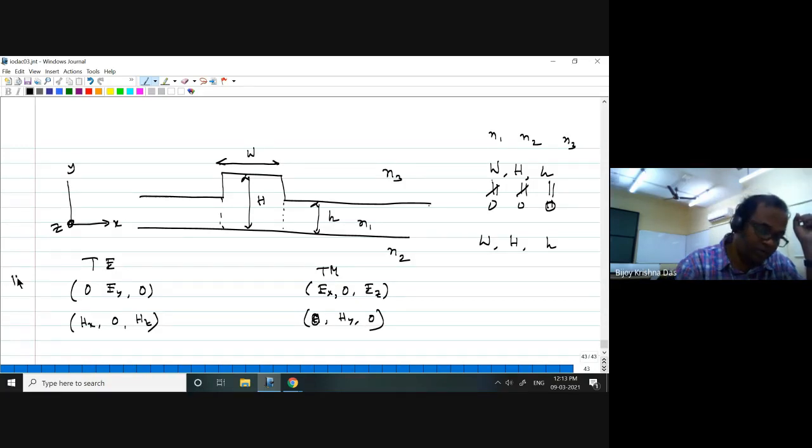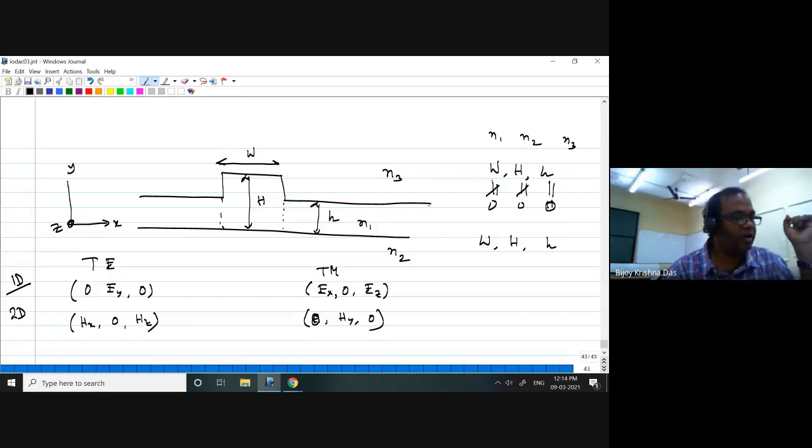In the 1D case we have used this, but whenever we are writing about a 2D optical waveguide, normally this is not sufficient for satisfying Maxwell's equations. We'll see that later; it will become clearer.